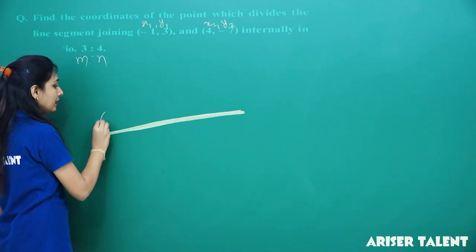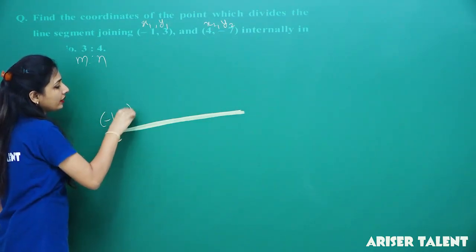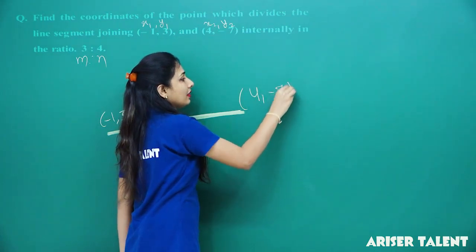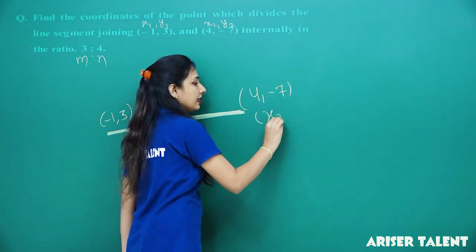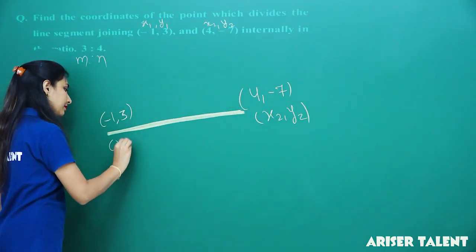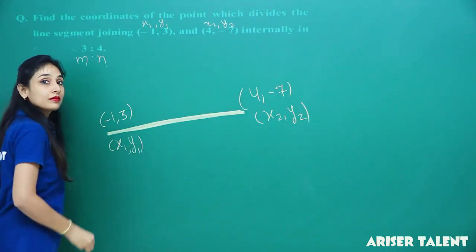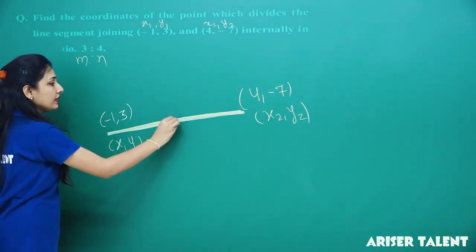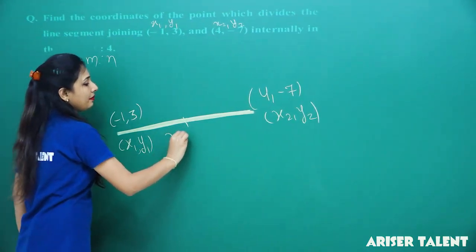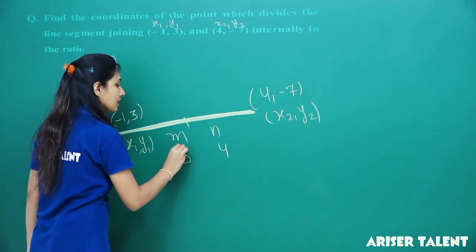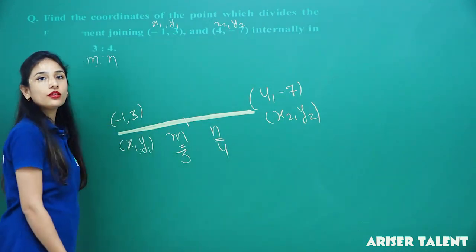The points are (-1, 3) and (4, -7), or you can also say this is x2, y2 and this is x1, y1. Now this divides in the ratio m by n. Now m is 3 and n is 4. This is the question, students.